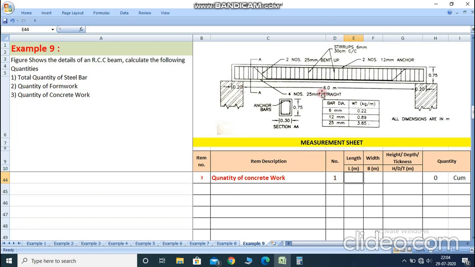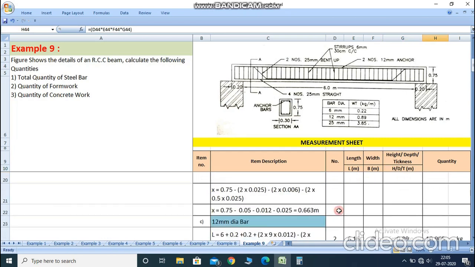Then the length of the beam is 6 plus 0.2 plus 0.2, with 0.2 given on both the left and right sides. So the total is 6.4, the width of the beam is 0.3, and the height given in the section is 0.75. So the total quantity is 1.44 cubic meter of concrete work.